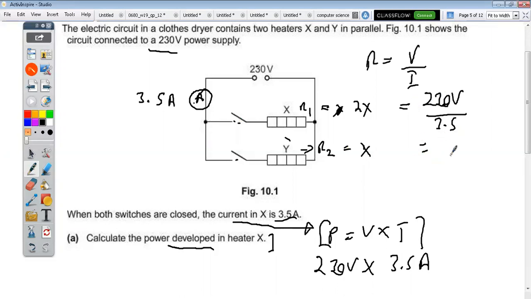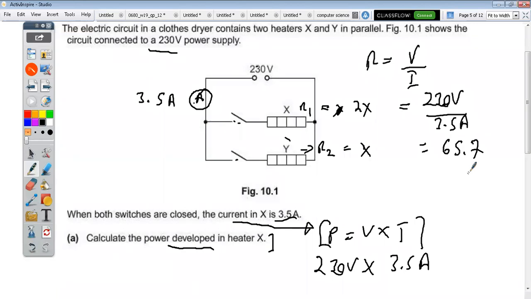Then we work backwards. 230 divided by 3.5 amps. What do you get? 65.7. No, I don't want the rounded answer. There's a reason why I'm saying that. I want a perfect answer.